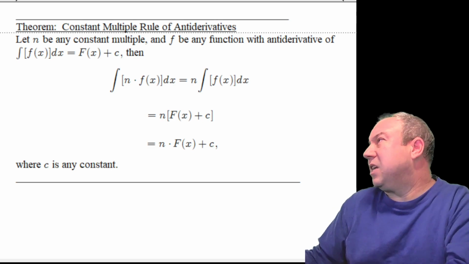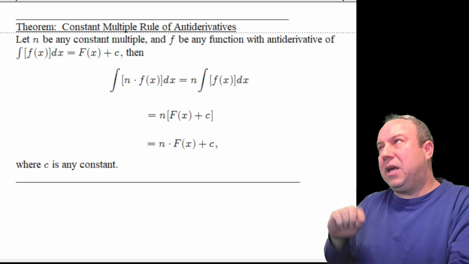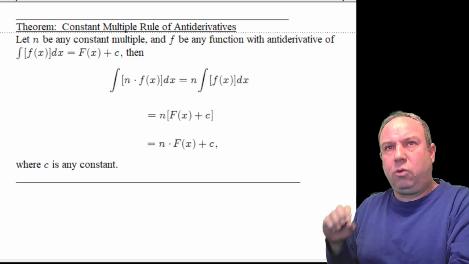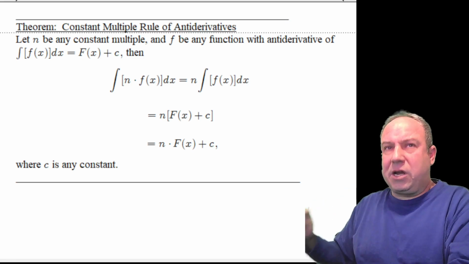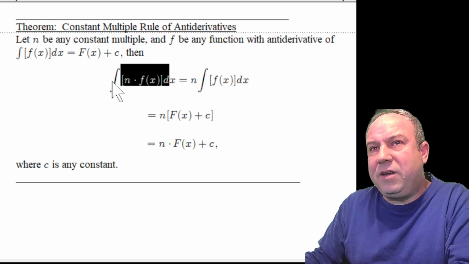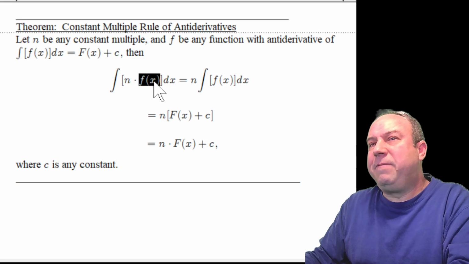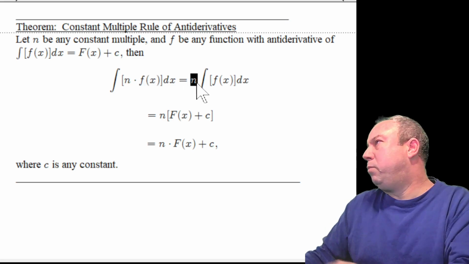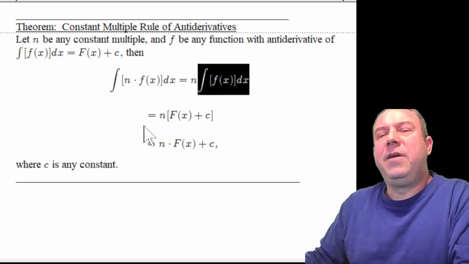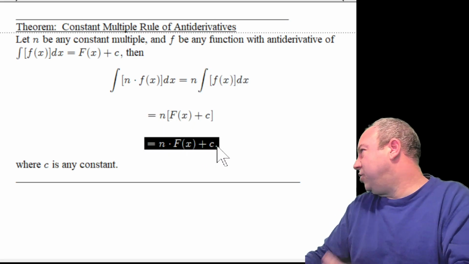All right, so if we look at the constant multiple rule, folks, it plays out very intuitively, like the constant multiple rule would for differentiation. If we think about applying the antiderivative operator to some constant multiple times some function, that constant multiple can be factored out of that antiderivative operation, very much like what we see happen in differentiation.